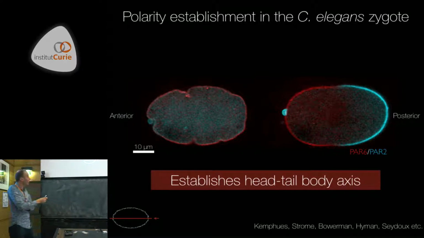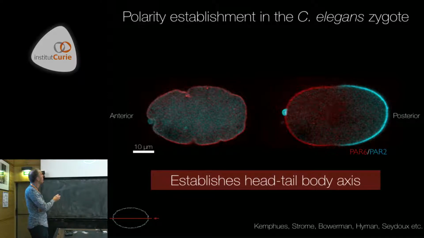So this process is important in the life of the nematode worm, because this process is responsible for establishing the head to tail, the anterior posterior body axis. So the zygote starts off unpolarized with the red species of markers of polarity distributed across the entire surface.